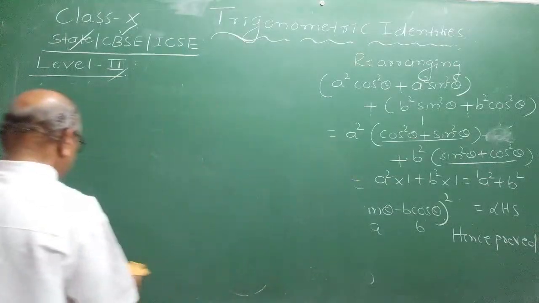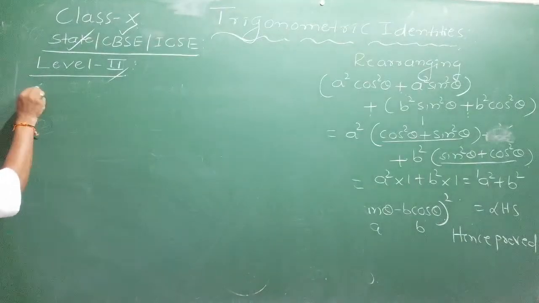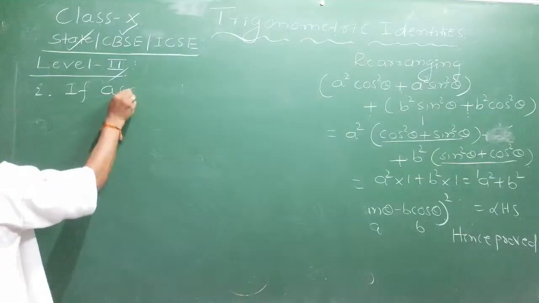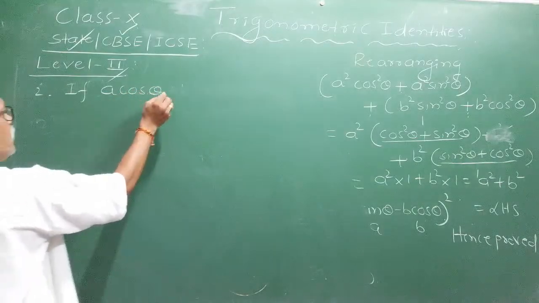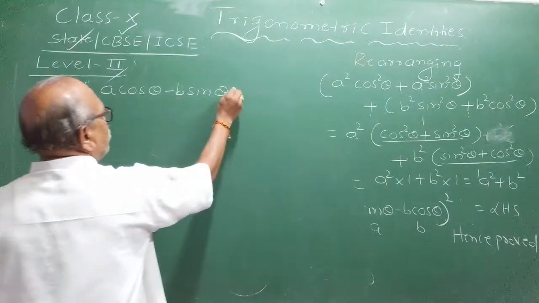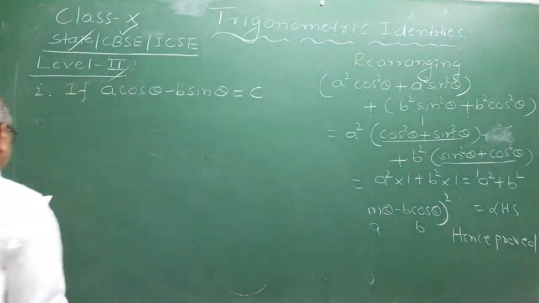Slightly tricky question. Try this one. Second one today. It also appeared in the CBSE. A cos theta minus b sin theta is equal to c.